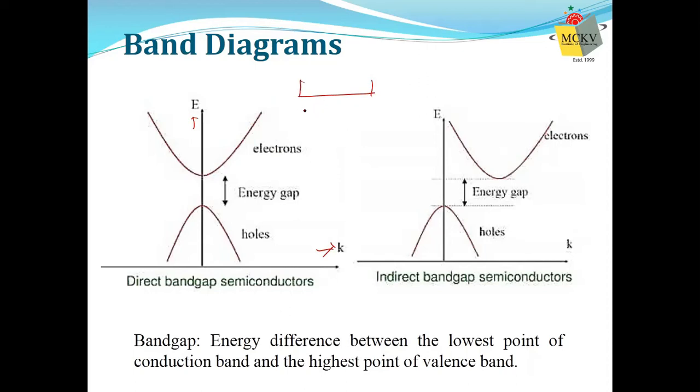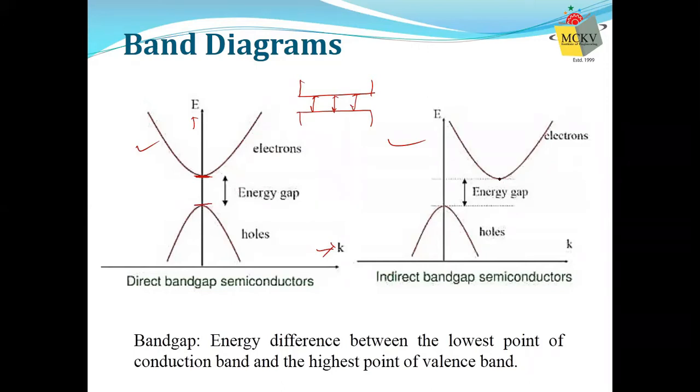The bands do not look like this. If they looked like this, then we can say the energy difference between the conduction band and valence band is the band gap. But in this situation, how do you define it? So you can say the band gap is the energy difference between the lowest point of conduction band and the highest point of valence band.